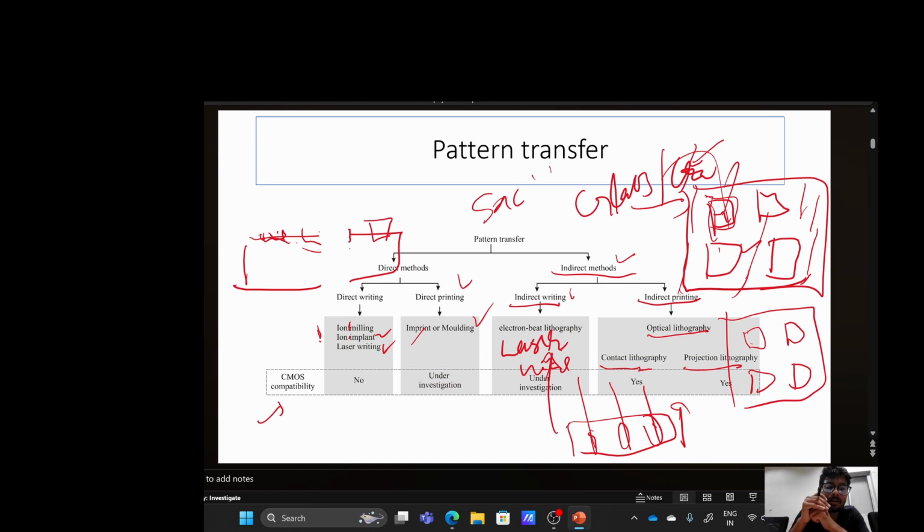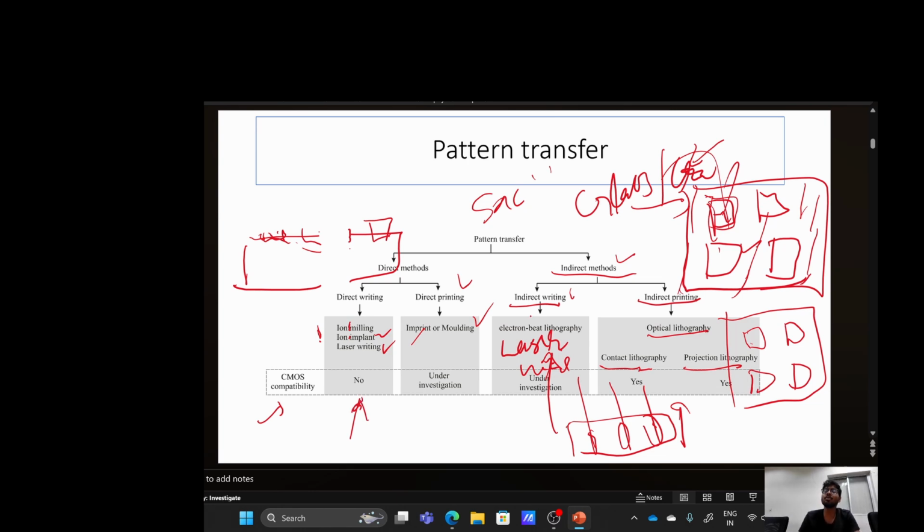This direct writing takes a lot of time, because pixel by pixel you need to write, and to write a single wafer it will take hours, maybe a whole day. So the throughput for this is very, very low.